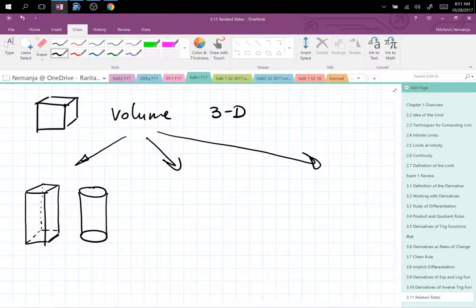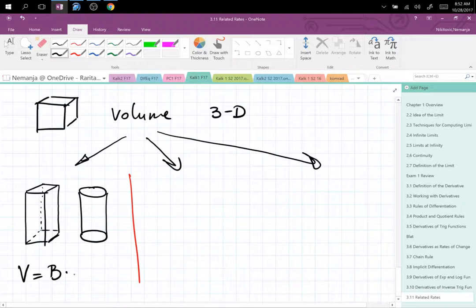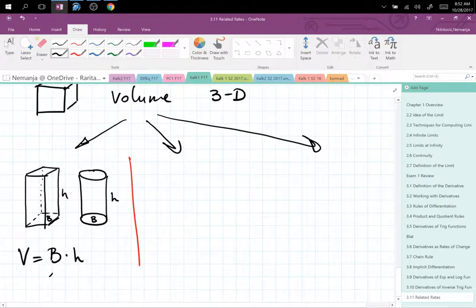And volume of all of these objects is always area of the base times the height. So you have area of the base, whether it's a square, rectangle, triangle, circle, whatever that area is. You can have anything in there.